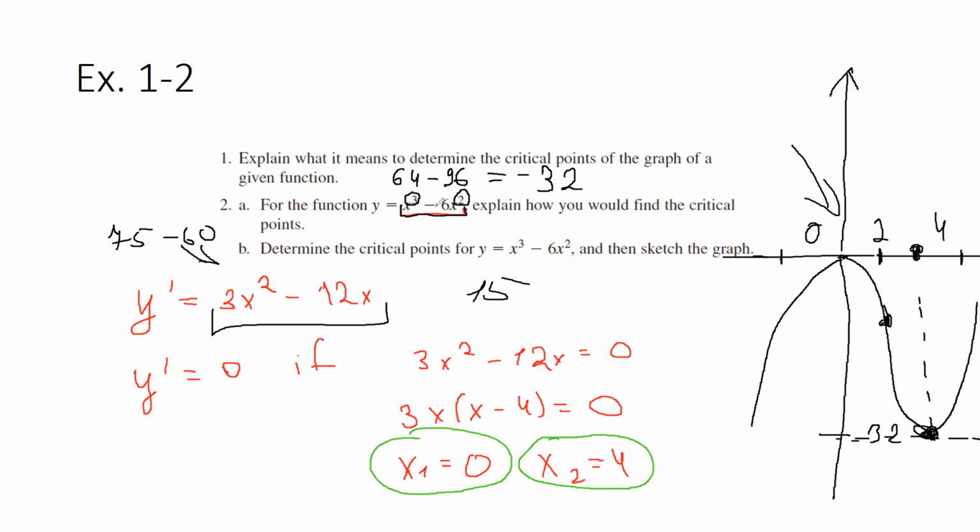But here, we have a polynomial function of third power, so we have two points where the derivative equals 0. And you can take a look at greater powers. Most likely, you're going to get more solutions.